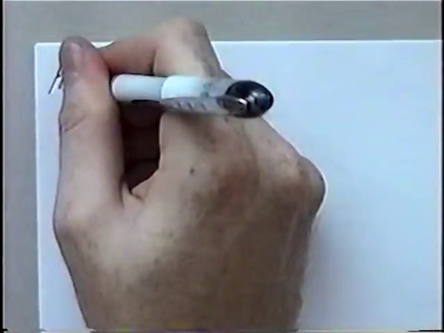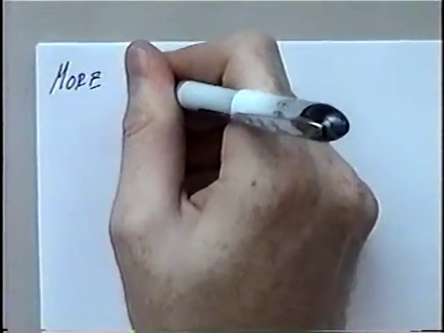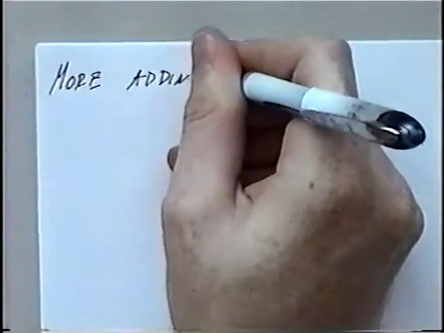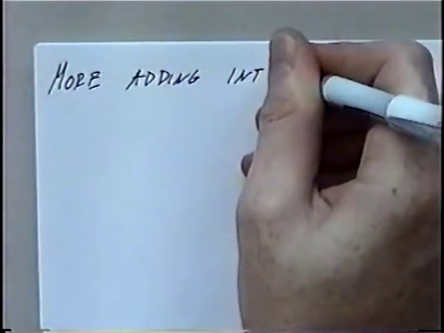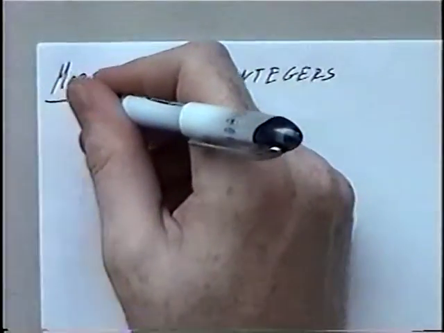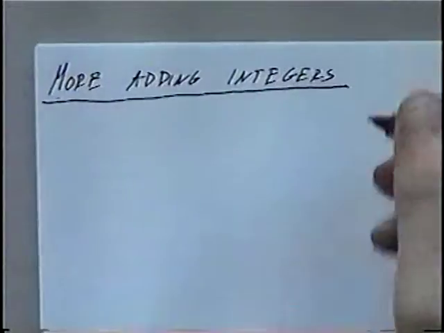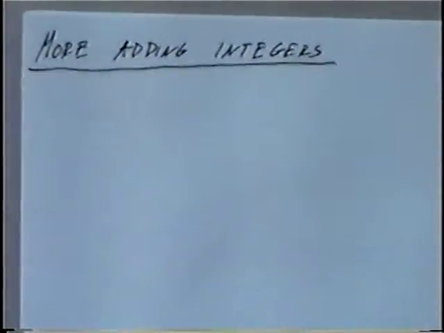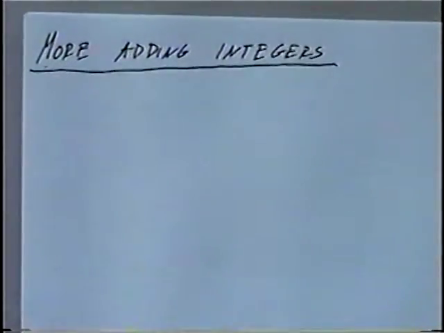Title of the next section of notes is More Adding Integers. And again, the definition of an integer is any positive or negative number, but does not include decimals or fractions. 2 definitions for this section.